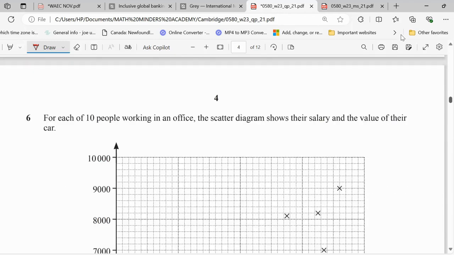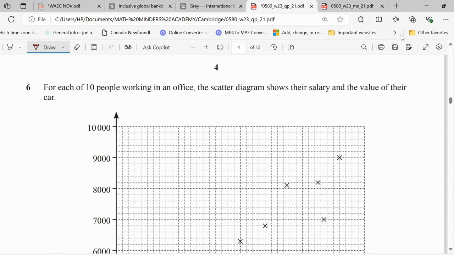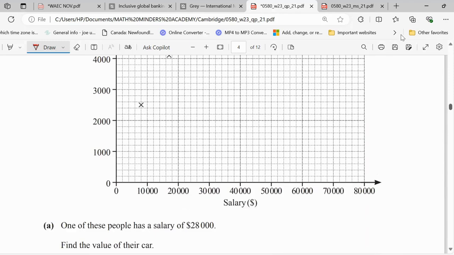The next question here says, for each of 10 people working in an office, the scatter diagram shows their salary and the value of their car. So we have it here. And then it says one of these people has a salary of $28,000.